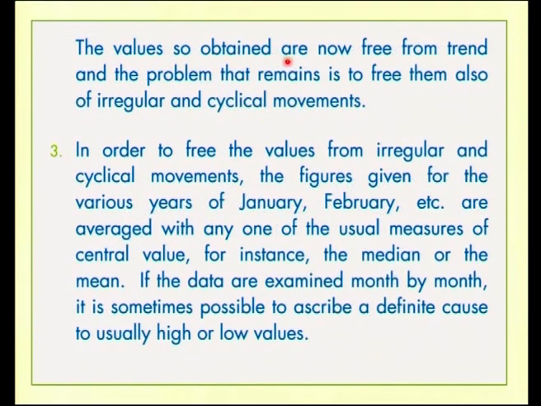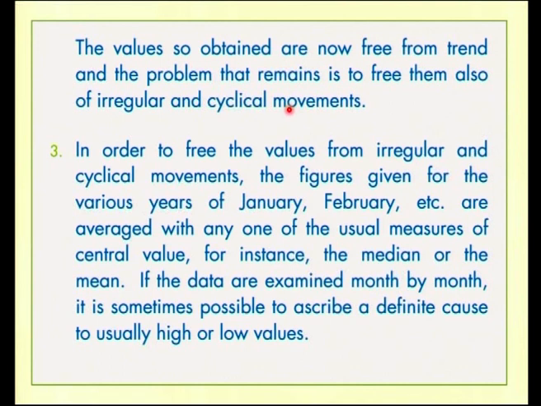The values so obtained are now free from trend, and the problem that remains is to free them from irregular and cyclical movements, so that we get the seasonal index. Okay. That is also one of the methods of calculating seasonal variations. In the multiplicative model TSCI, trend is calculated and eliminated. That is why it is being divided.